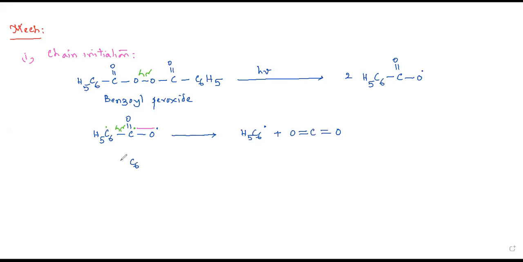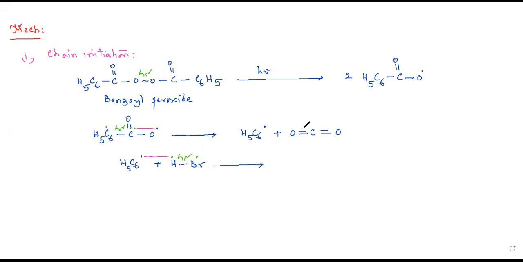Now this C6H5 free radical will combine with the hydrogen halide HBr. Even here also we get free radicals this way. Add these two, right?